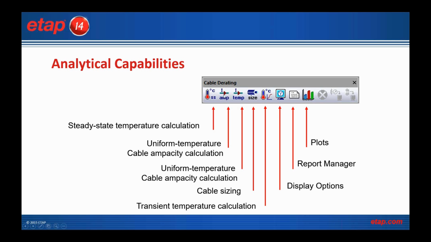If we look at the next calculation, it's uniform ampacity calculation and uniform temperature calculation. So the uniform ampacity calculation looks at the conductor that has the maximum temperature, or it's closest to its temperature limit. It increases the amount of current flowing through it, but it maintains a uniform profile of the current flowing through that raceway.